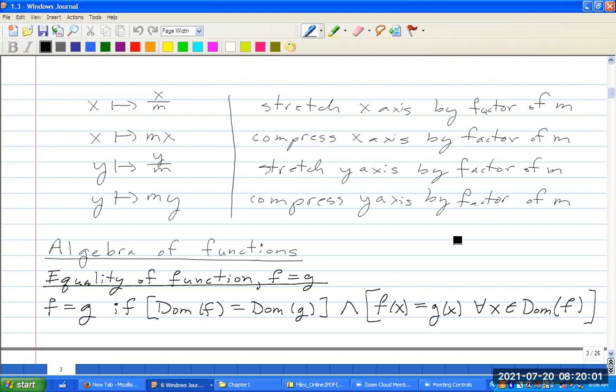And similarly with the y-axis, if we replace all y's by some scalar multiple times y, then I will shrink the graph by the factor if that factor is greater than 1, and I will stretch it if that factor is less than 1.